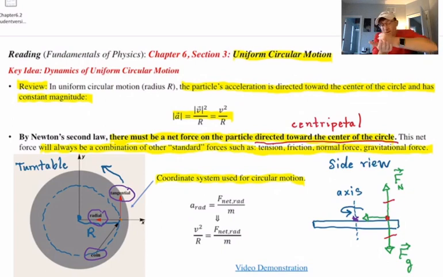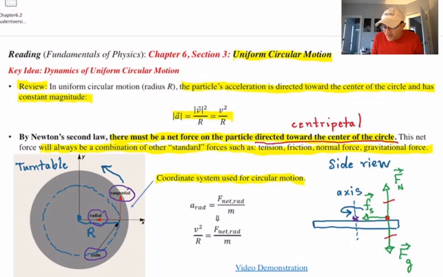But in this case, the coin and the surface are moving around together. And the coin, it is assumed, is not slipping relative to the surface itself. It's just riding on the surface. So there is no relative motion between the coin and the turntable. So the appropriate label for the frictional force is little f sub s, static frictional force, directed towards the center of the circle.